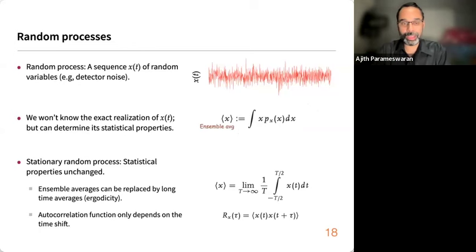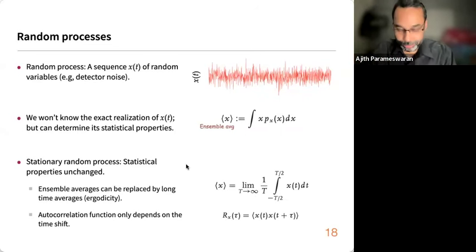Now we invoke the property of ergodicity, and this can be invoked if the process is a stationary process, which means that the statistical properties of the sequence are unchanged over different times. In that case, these ensemble averages can be replaced by time averages. So the mean is the integral of x(t) dt over a long time, divided by 1 over capital T.